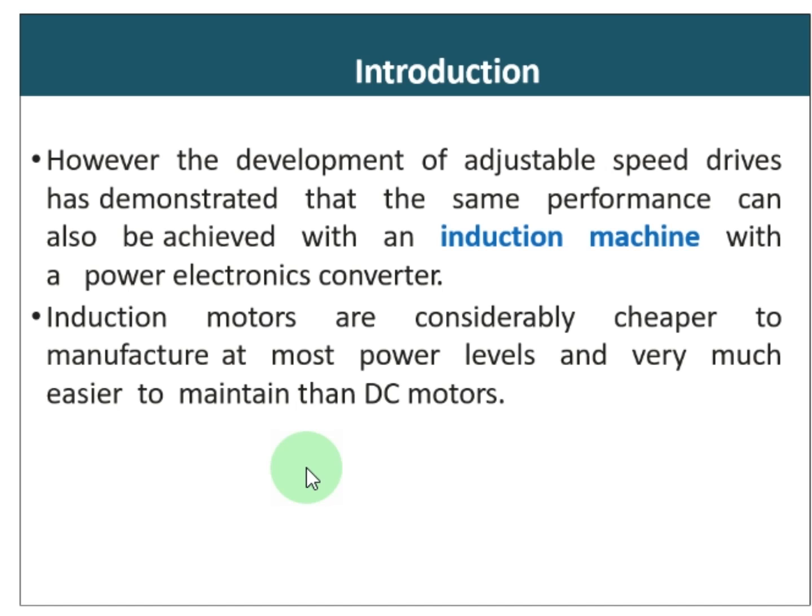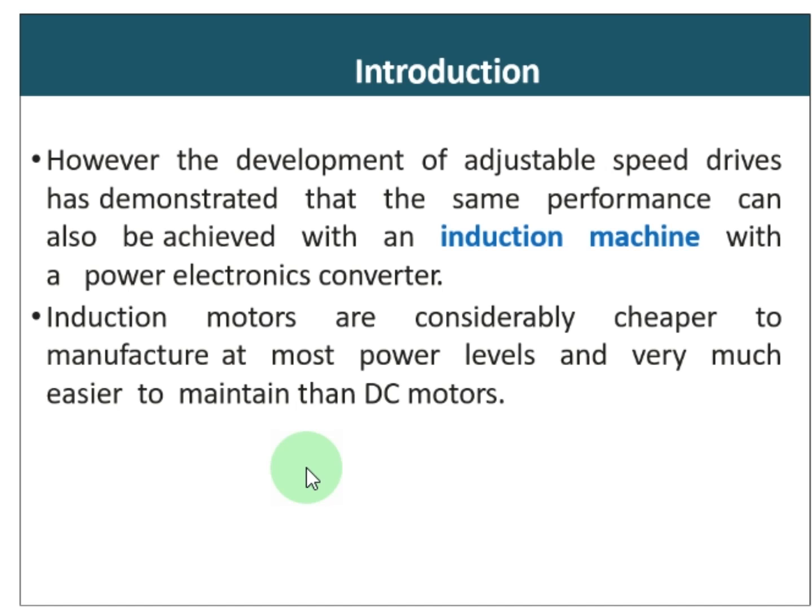However, the development of adjustable speed drives has demonstrated that the same performance can also be achieved with AC machines, which we call induction machines, with a power electronic converter, right?